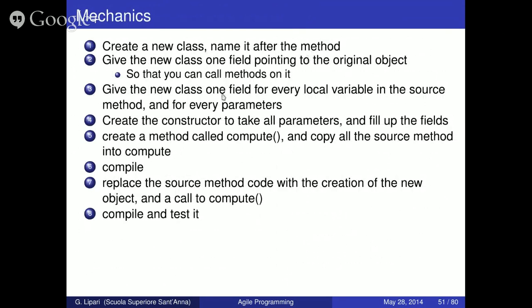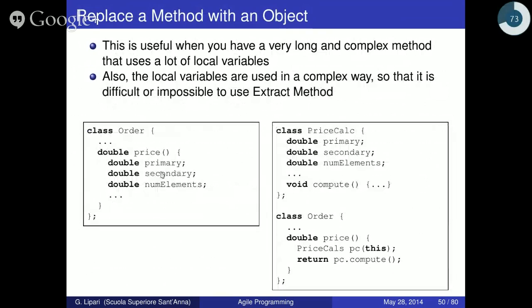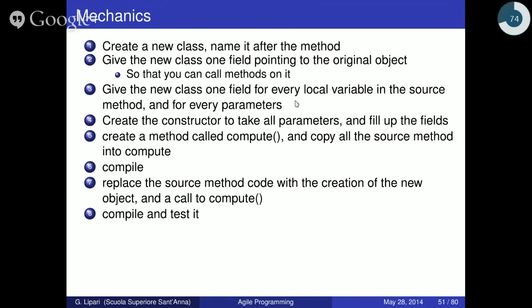You give the new class one field for every local variable in the source method and for every parameter. So if you have local variables here, they all become data members in price calc. And if you have parameters in price, they all become data members in price calc. Okay?